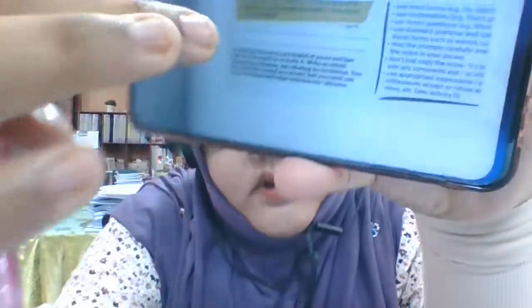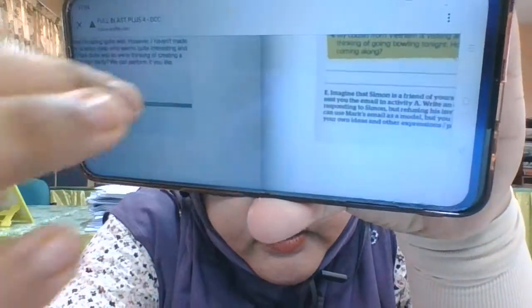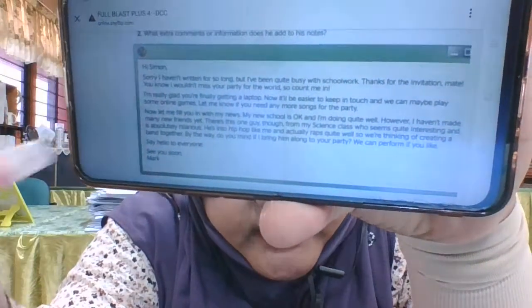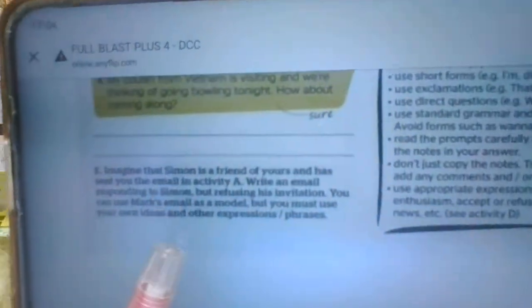You can use Mark's email as model. So this is Mark's email. Jawapan Mark, you can look at this as a model, as example. But you must use your own ideas.